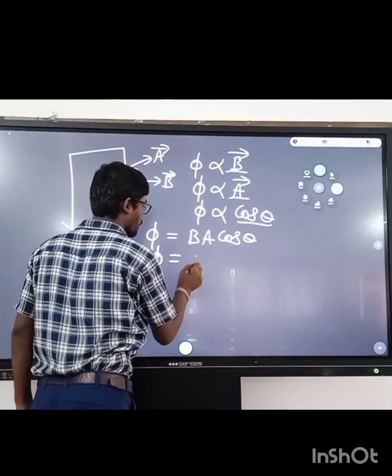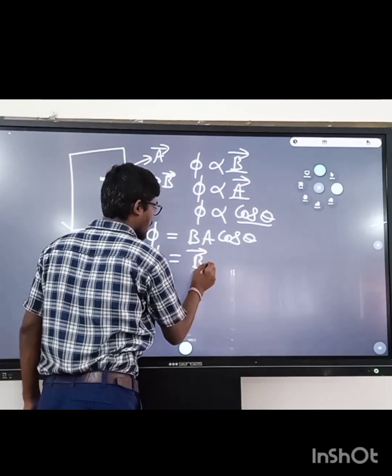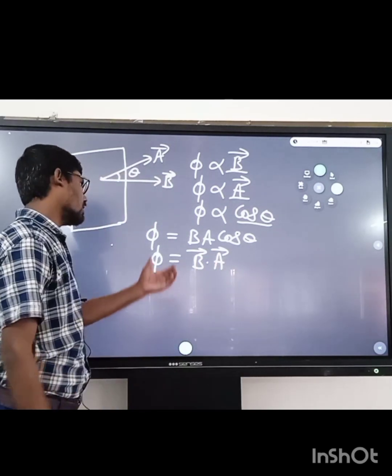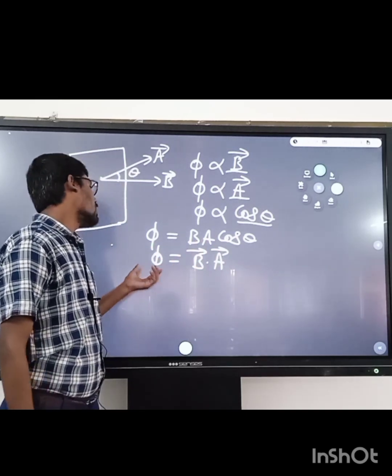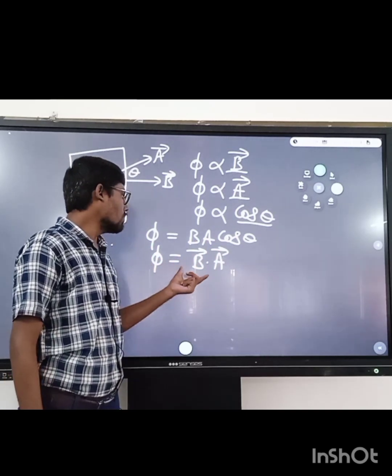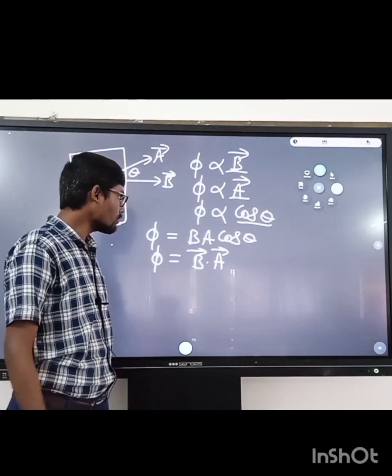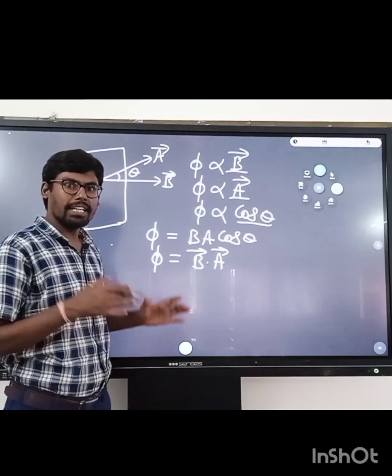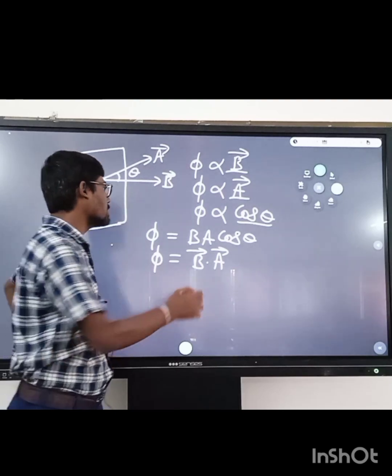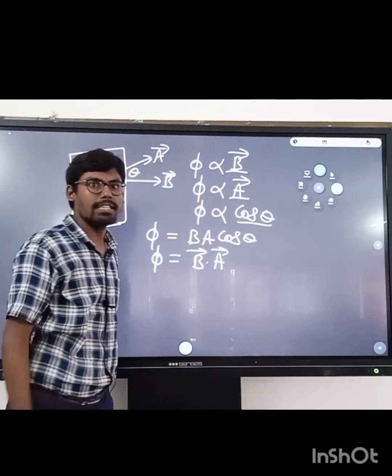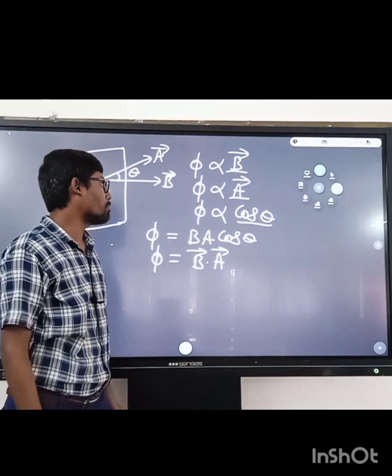In vector form we will write magnetic flux is equal to the scalar product of the magnetic field and the area vector. So you know the formula of magnetic flux is BA cos theta, and by changing any of these three we can change the magnetic flux.